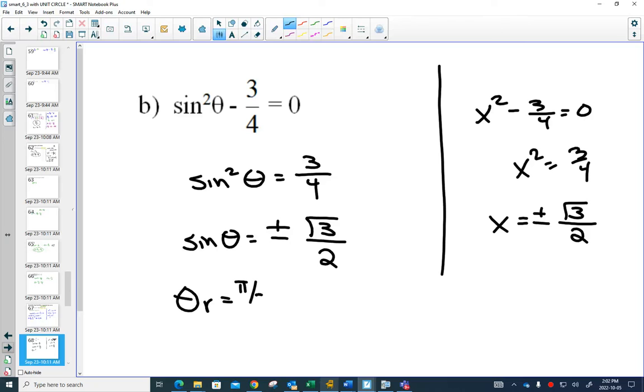Pi over 3. And because it's plus or minus, all four quadrants. Pi over 3, 2 pi over 3, 4 pi over 3. Oh, this is the Thanksgiving special family gathering. There we go. Everybody's invited. All four angles because of that plus or minus.